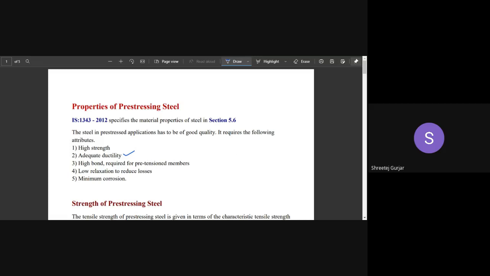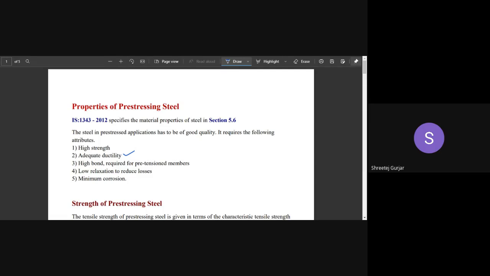Coming to the next property, it should have high bond. That is mainly required in our pre-tension members, because in pre-tension members, the tendon or the pre-stressing steel is held in place solely by bond over the transmission length.